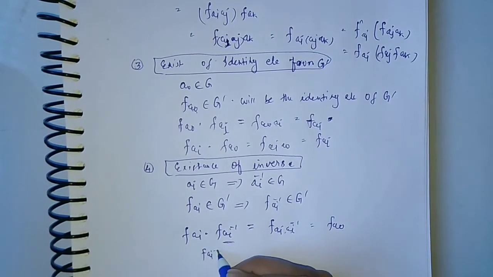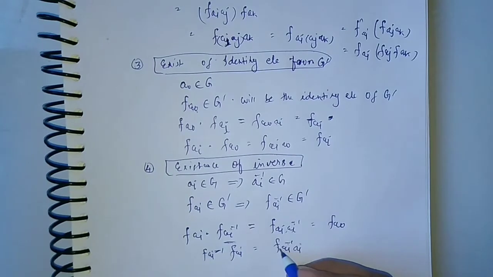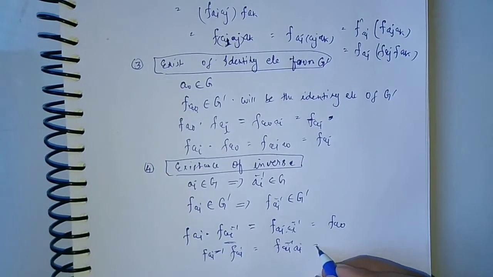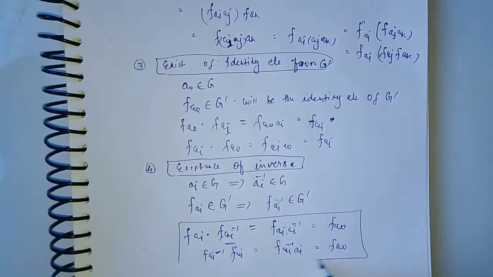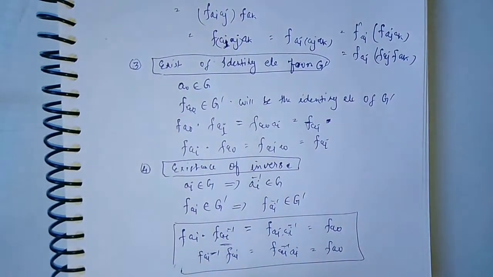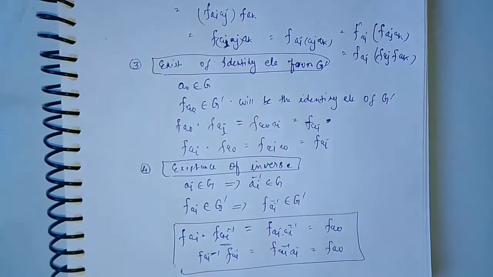Also we can prove that f(ai inverse) times f(ai) is equal to f(ai inverse ai), and it is equal to f(a0) again. So we have proved that f(ai) inverse is the inverse of element f(ai). So for all the elements from this set, there exists the inverse.